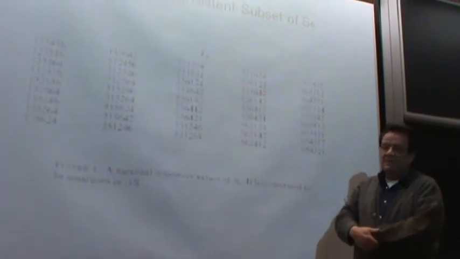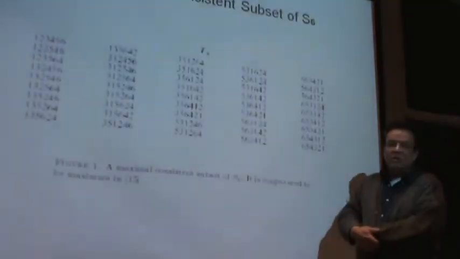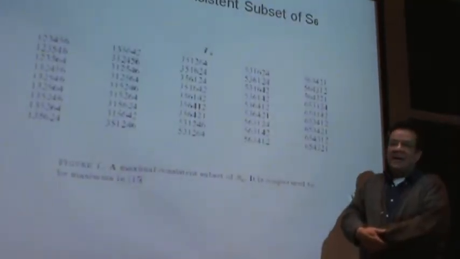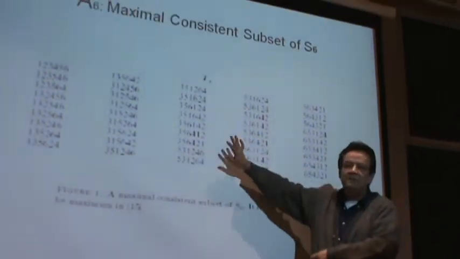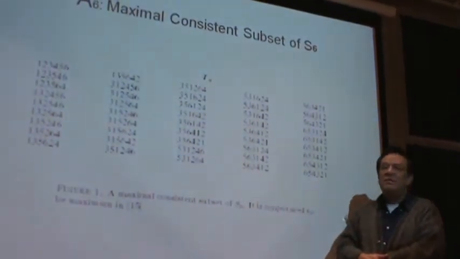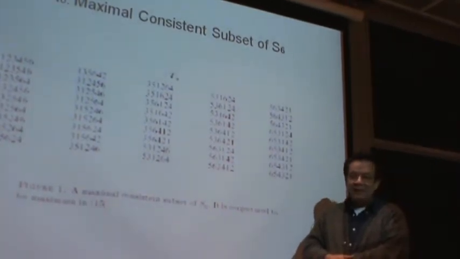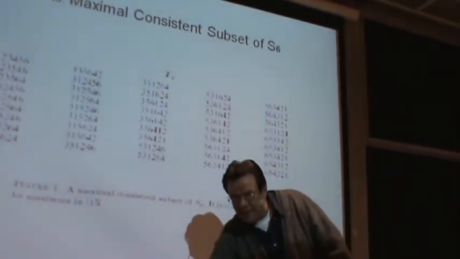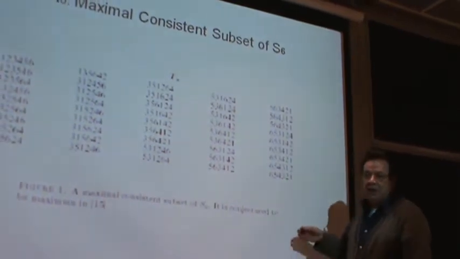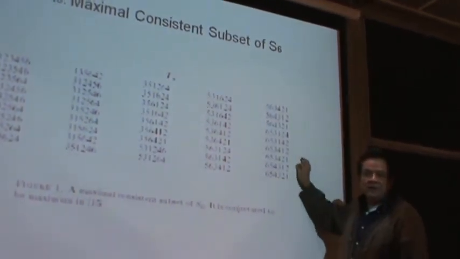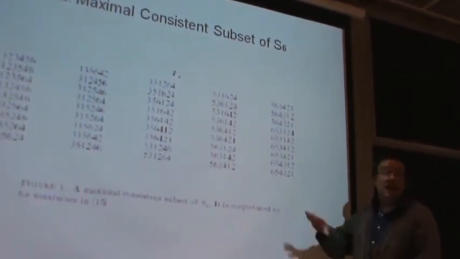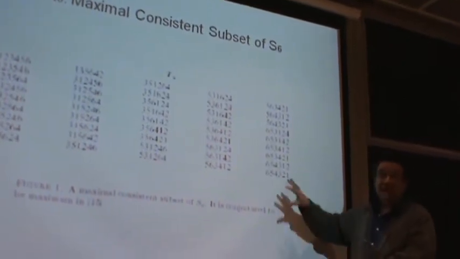This set is a subset of the symmetric group of 6 symbols. It does not contain a 3 by 3 Latin square, no matter what triple you pick. And moreover, it's maximal, in the sense that if you pick any other permutation and try to add it to this set, it will create a Latin square. So this is maximal.